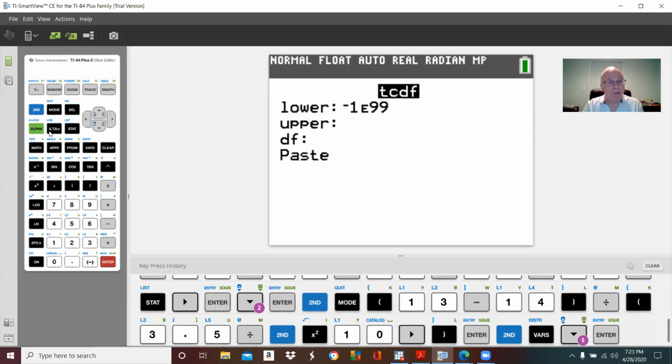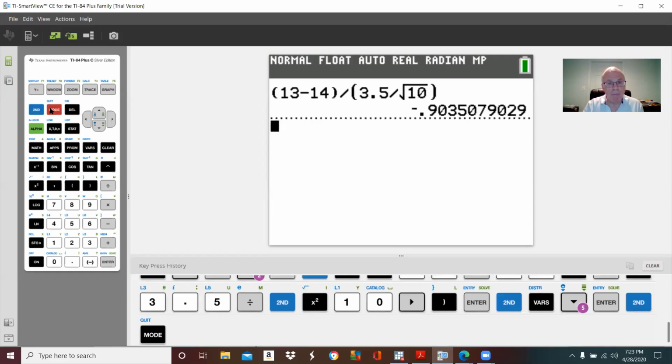Now, here's one thing that we did not do, and let's go back, actually. I want to do one more step here. Notice this T statistic is very long, has lots of digits. You could round it if you wanted to. One way of doing this problem to make it a little easier is to store this number into an alpha character like T. I've shown this to you before.